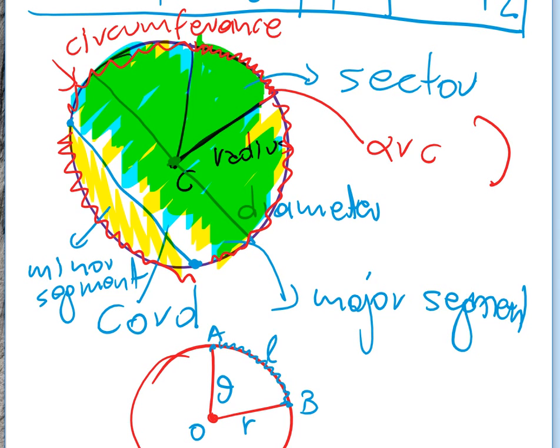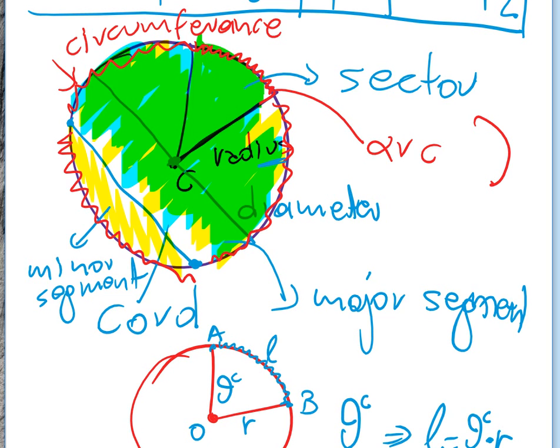In this case, my angle is measured in radians, and for theta in radians, the length of the arc, L, is found by the formula L equals the angle in radians times the radius.